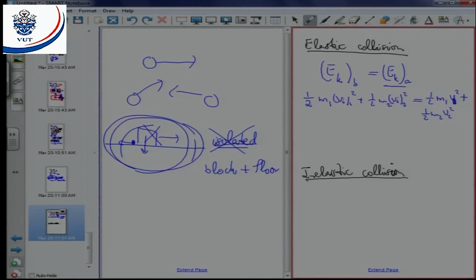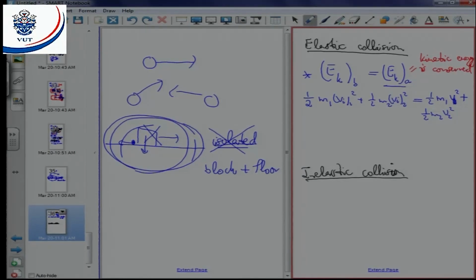Okay, so that's the first thing that you have in an elastic collision. We have the fact that kinetic energy is conserved.